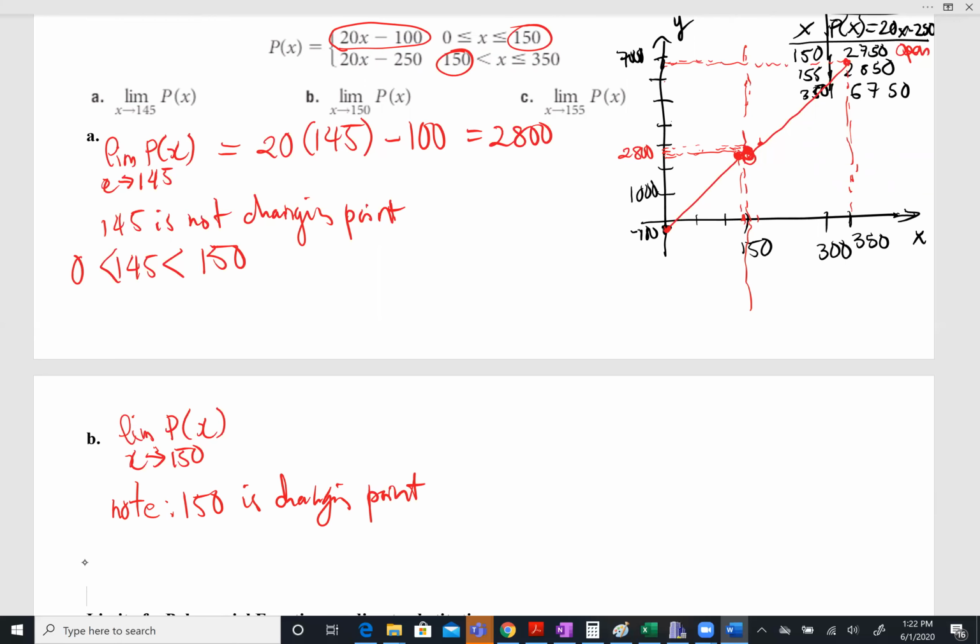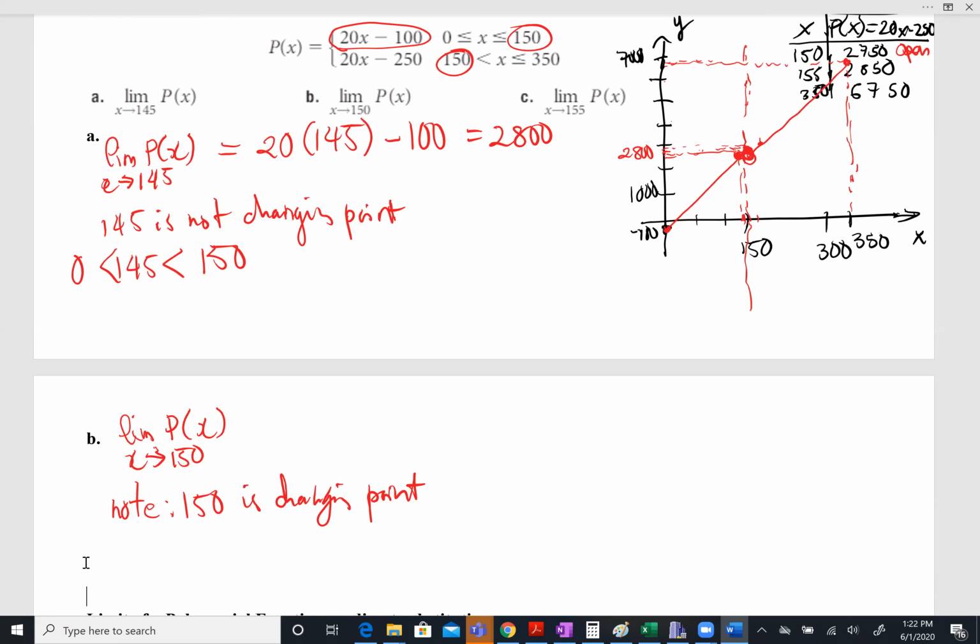Because both the first part and the second part have 150. Even though the second part is greater than 150, this is talking about the limit, about approach, so you have to consider this changing point.